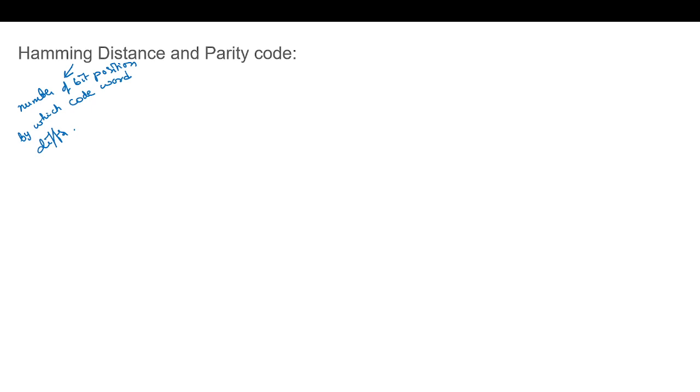So the parity code, that is data with a parity bit, can detect one bit error. So if we have, say, data 1 1 0 1, and we are using even parity, then the code word will have the first bit as the parity bit.